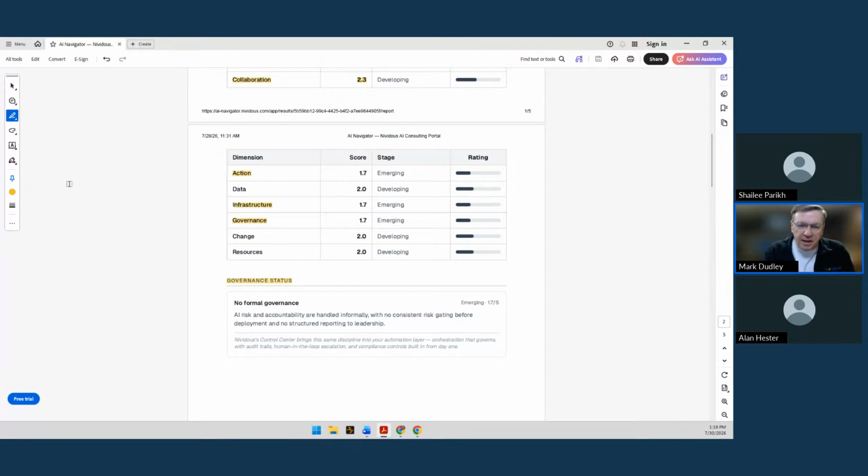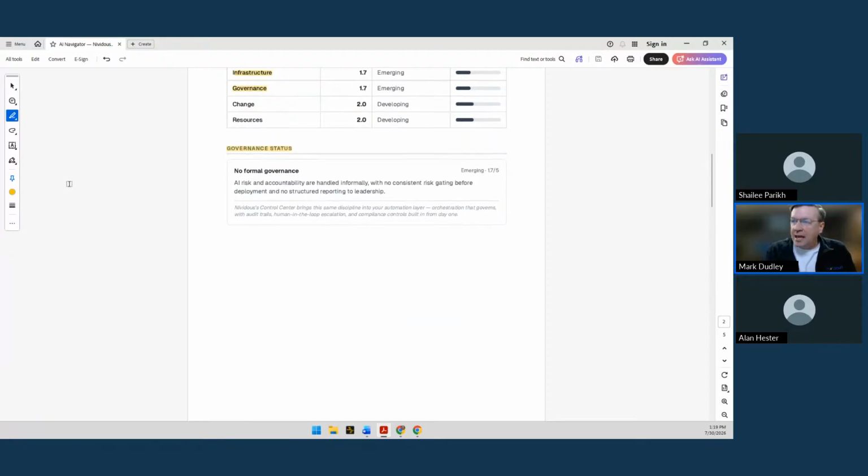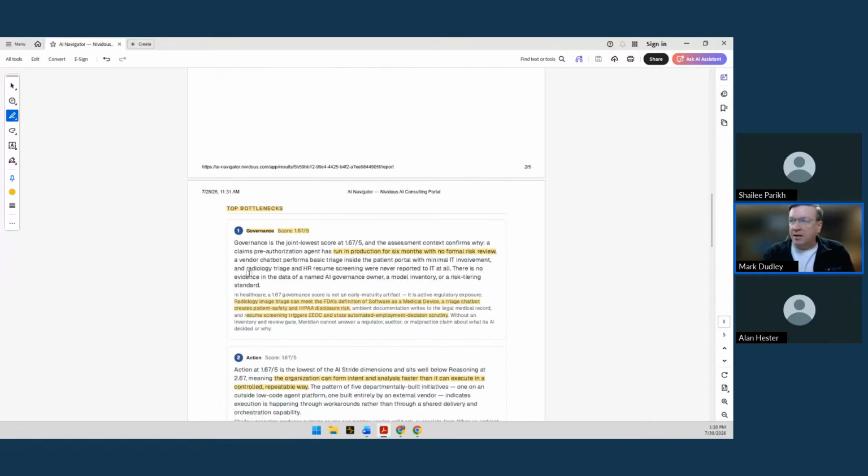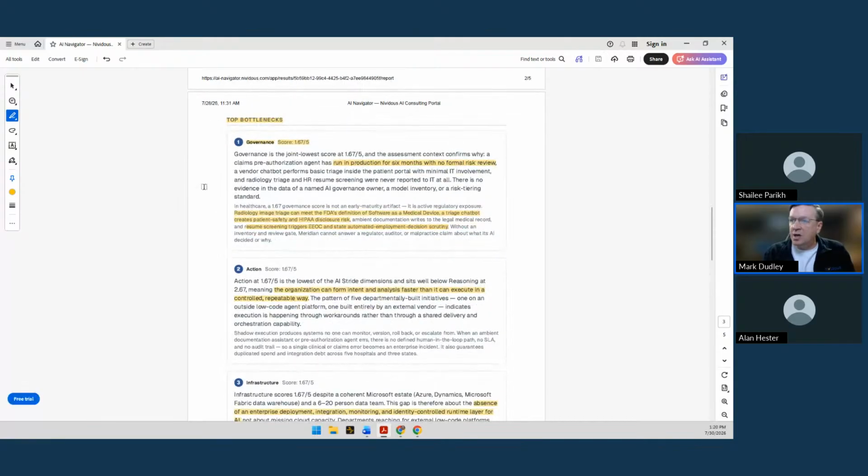Now, when we're looking at this particular governance status for Meridian Health, you'll notice that there are some risks that are being inherited because of the lack of governance. Now, going down into some of the details of the report, you'll notice that Meridian has AI agents that are running in production for 6 months, and they have not had a formalized risk review yet.